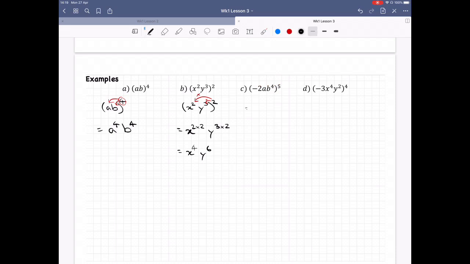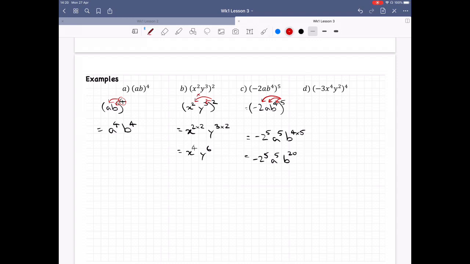So if we have (minus 2, a, b to the 4) to the power of 5, then we are going to add that 5 to every term inside the brackets as a power, which means we are going to get minus 2 to the power of 5, a to the power of 5, b to the power of 4 times 5, which gives us minus 2 to the power of 5, a to the power of 5, b to the power of 20.